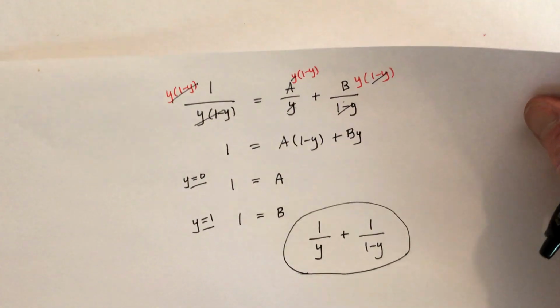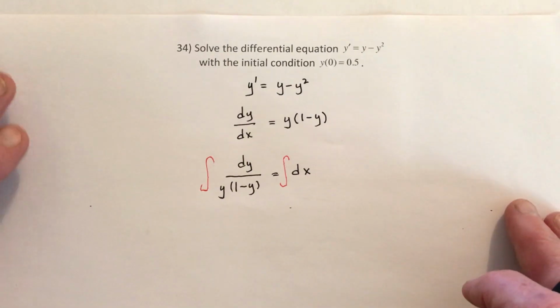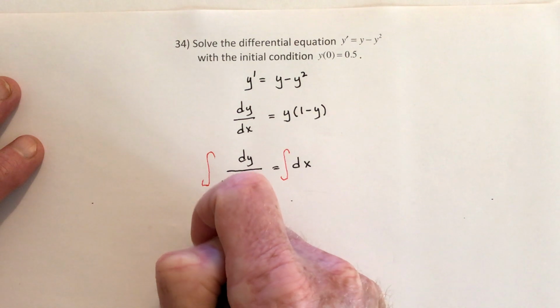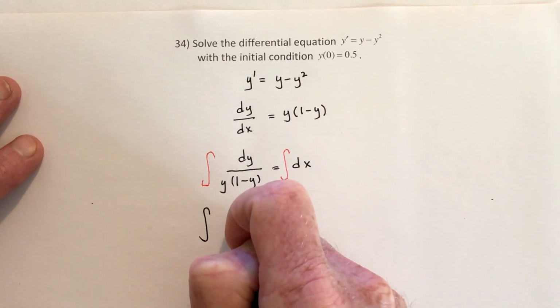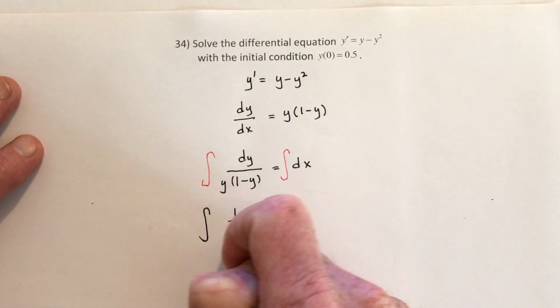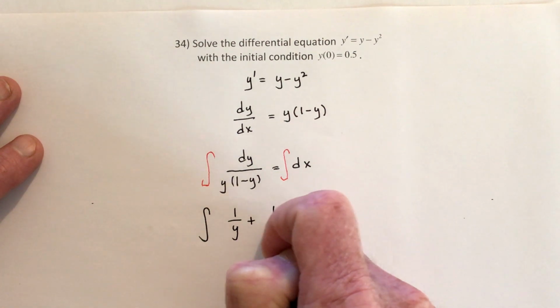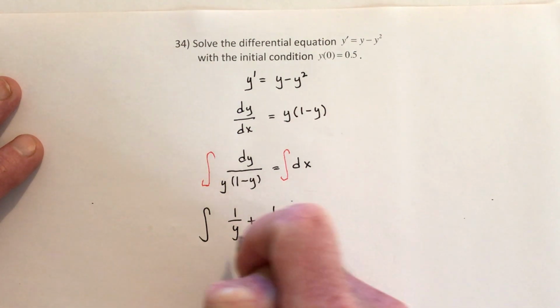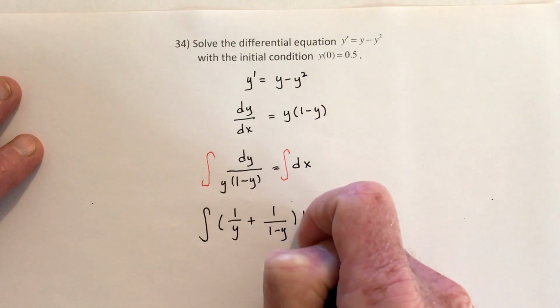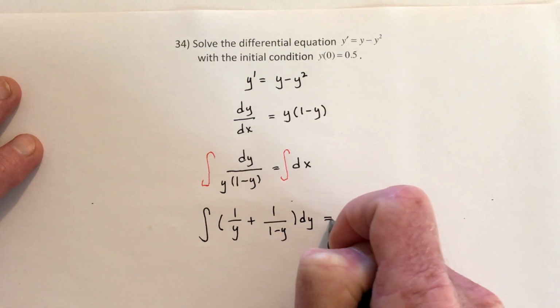So that means that this integral can be rewritten as the integral of 1 over y plus 1 over 1 minus y, and then I could just move the dy over to the side like this.